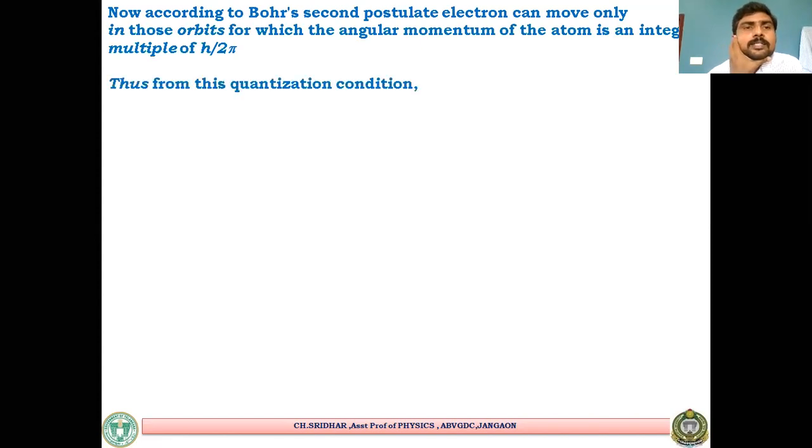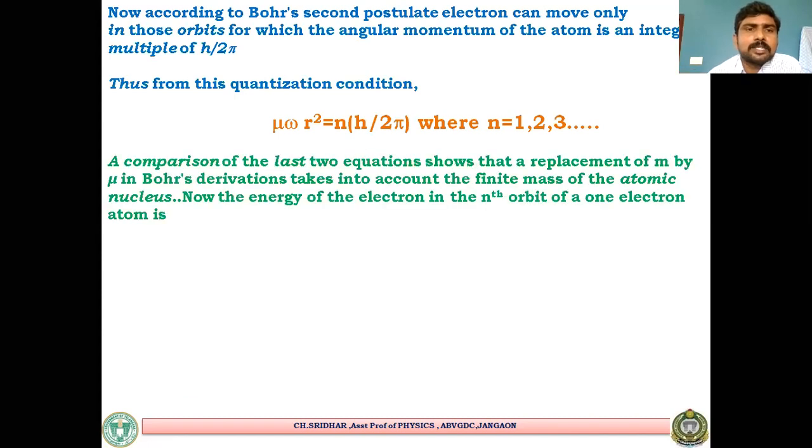So we may write that mvr is equal to nh by 2 pi, that is L is equal to nh by 2 pi, and for L we have mu omega r square here. So from this, a comparison of the last two equations shows that a replacement of small m by mu in Bohr's derivations takes into account the finite mass of the atomic nucleus.